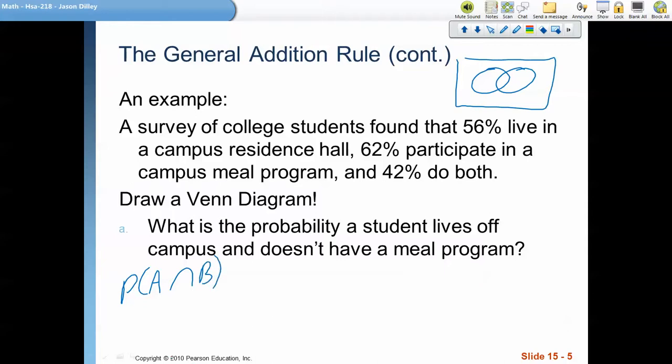Do we agree? It's okay to not agree. Yeah. In fact, I don't agree. Because A is living on campus, B is participating in the meal program. This is living off campus and doesn't have a meal program. Richard?